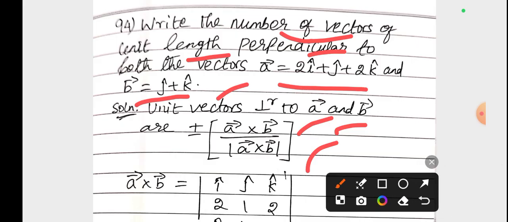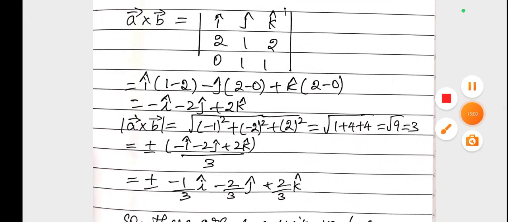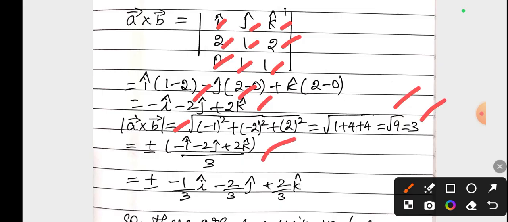So first find the A vector cross B vector as usual, i cap, j cap, k cap, and a vector coefficients 2, 1, 2 and b vector 0, 1, 1, and do the determinant expanding the r1 and get the value minus i cap minus 2j cap plus 2k cap, and do the magnitude of a vector cross b vector, children. Root over a square plus b square plus c square, get root 9 and root 3. Apply it and make sure you have to write a plus or minus.